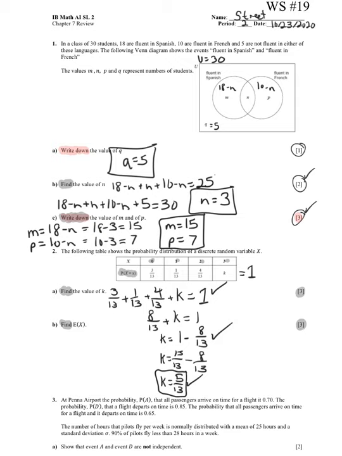So for this one, let's see. Expected value. They didn't give us any value to say find it for 5 tries.